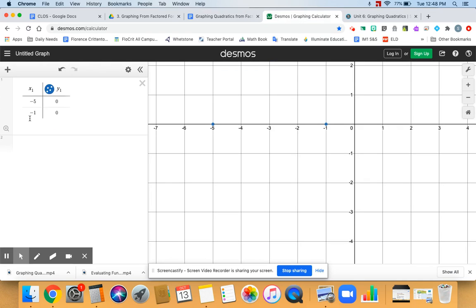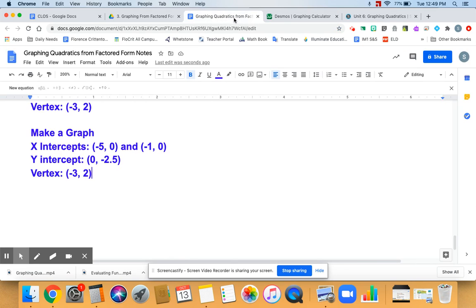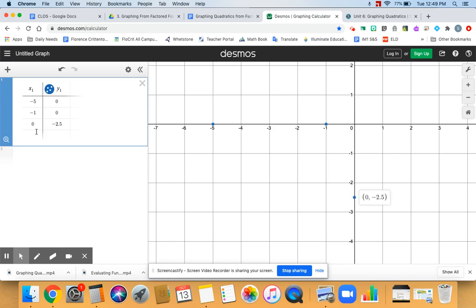Next is 0 and -2.5, which is right here. And then finally -3 with 2, here. And this is the vertex, where we are at, so it opens down, like that. It'd make the parabola upside down.